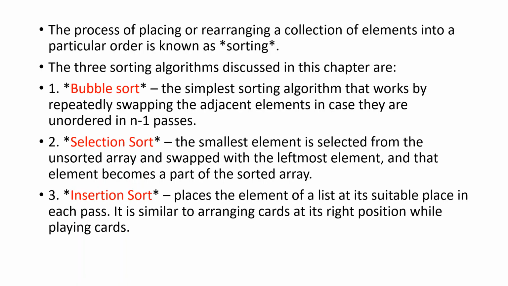In bubble sort, the largest value will be first arranged and it will be pushed to the end of the list in the first pass. In the second pass, the next largest element will be pushed to the last. Like this, all the elements will be arranged. Finally, the smallest element will be placed in the first position.